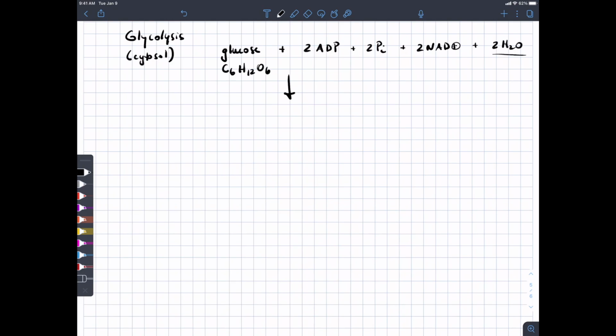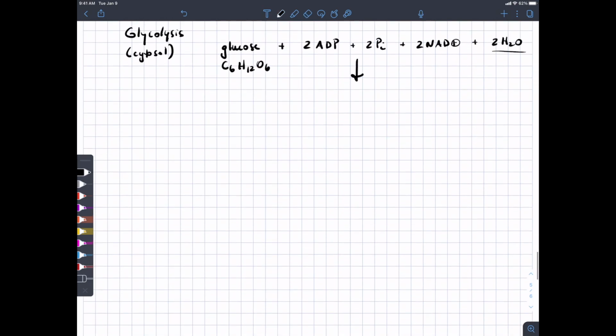Don't worry about that. That's just about balancing the equations. And we're going to get out of that 2 molecules of something called pyruvate.